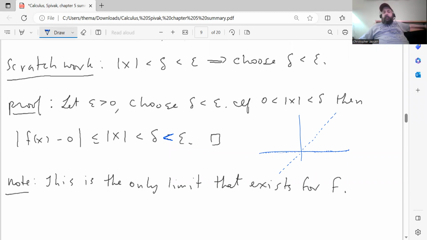But you could get the idea of what it looks like from this picture. So clearly, if you approach 0, the limit is going to be 0, but anywhere else, the limit isn't going to exist because of the density of the rationals in the real numbers. So this is the only limit for that function that exists.